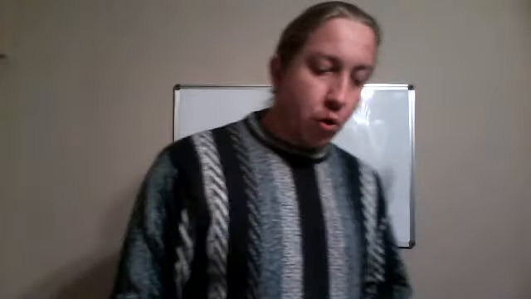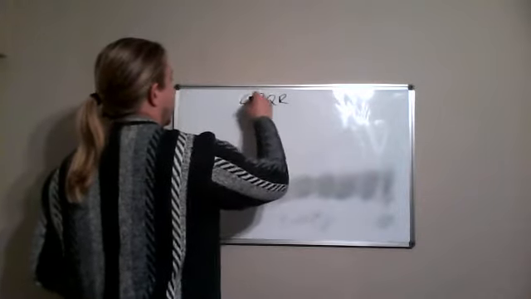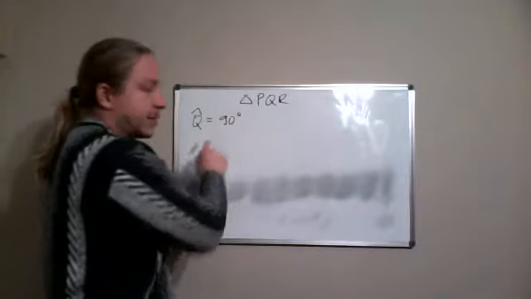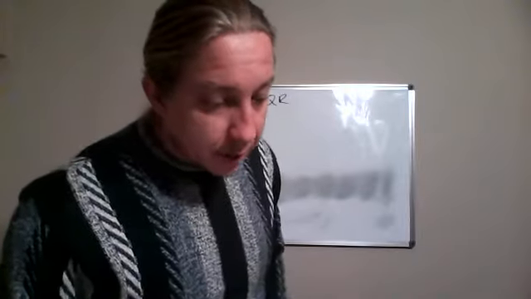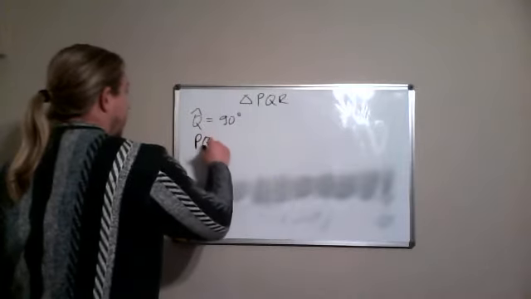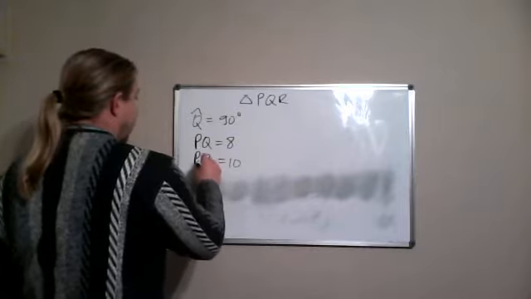So they say, without using a protractor, construct triangle PQR if Q equals 90. So we want PQR, Q equals 90 degrees. So that's the right angle that they're talking about. PQ is 8 and PR is 10.